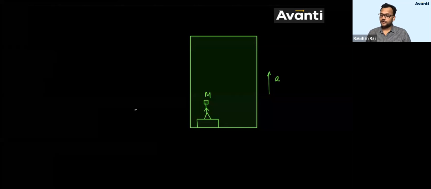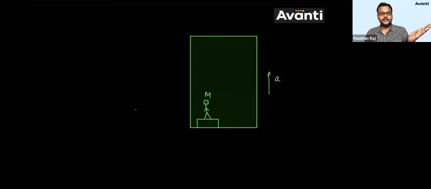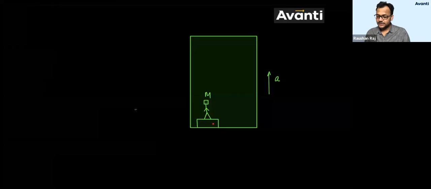I would say this weighing machine will measure the normal reaction force acting between the man and the weighing machine. Whatever normal force the man applies on the weighing machine, the machine measures that N value, divides N by g, and shows the reading.